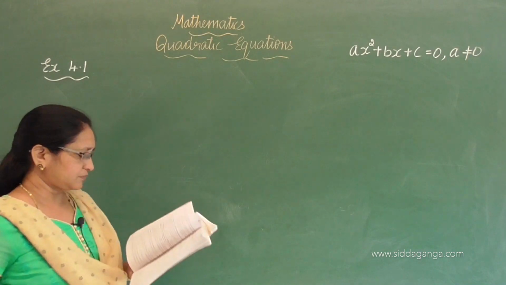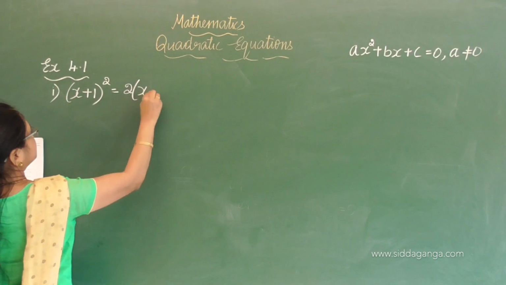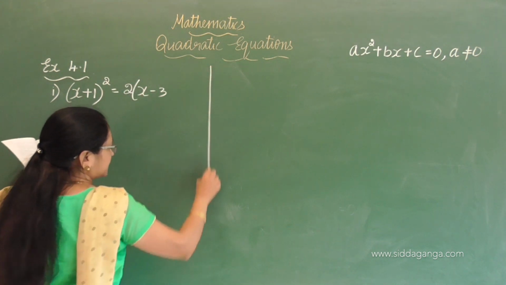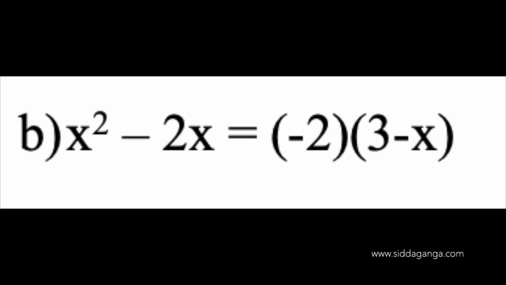First one, check whether the following are quadratic equations. So you have to check whether this equation is a quadratic equation or not. So this is first one. Second one, x square minus 2x is equal to minus 2 into 3 minus x.